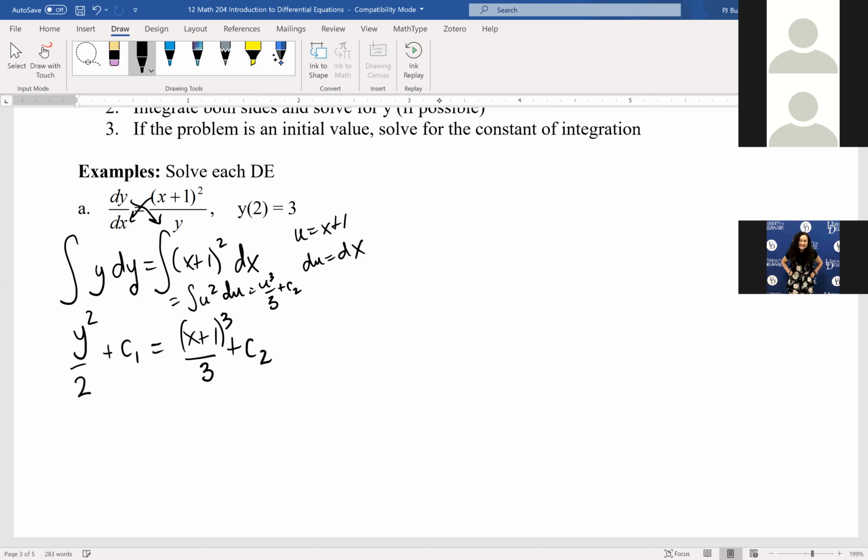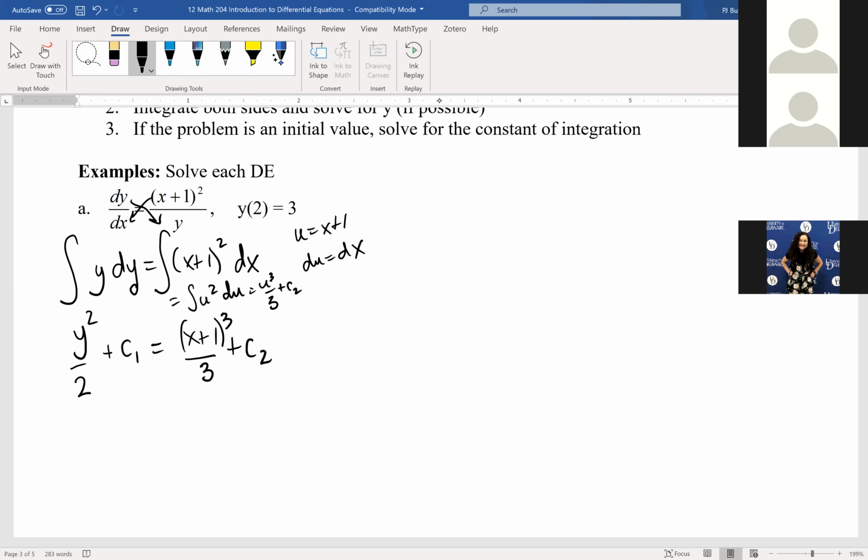Now on this side, I get another constant, right? Because anytime I have an integral without bounds, then we get a constant of integration.